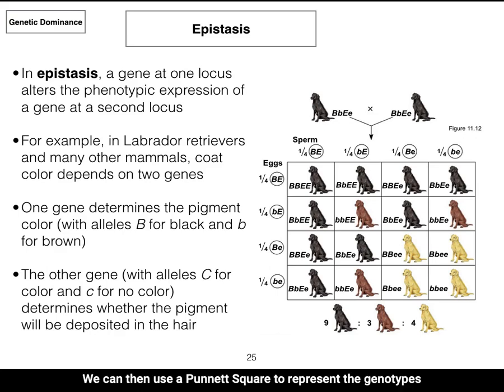We can then use a Punnett square to represent the genotypes of the F2 offspring, as shown here on the slide. As a result of epistasis, the phenotypic ratio among the F2 offspring is 9 black labs to 3 chocolate labs to 4 yellow labs. Other types of epistatic interactions produce different ratios, but all are modified versions of the 9:3:3:1.